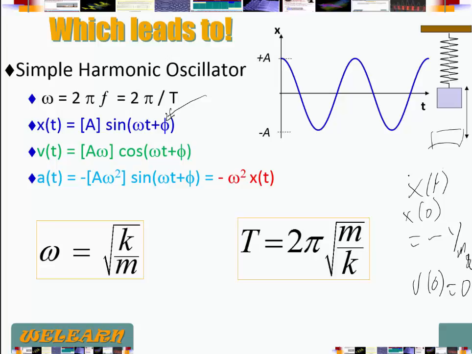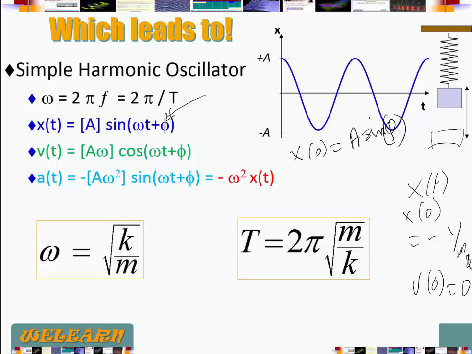What we do is write this equation for 0. So we write x of 0 is equal to A, the maximum displacement, sine of omega times 0, that's 0, so it's going to be plus phi. A sine phi should be equal to x of 0.